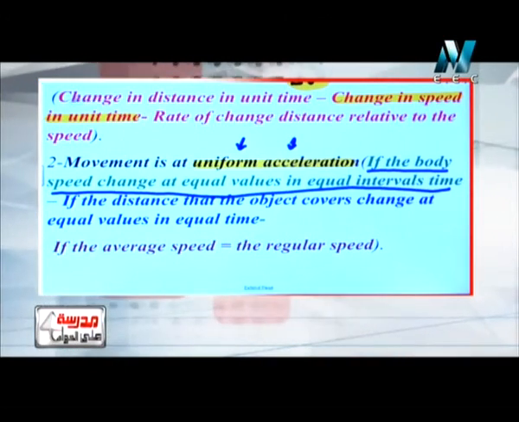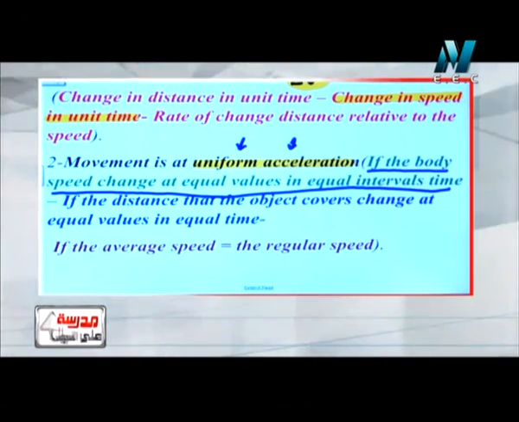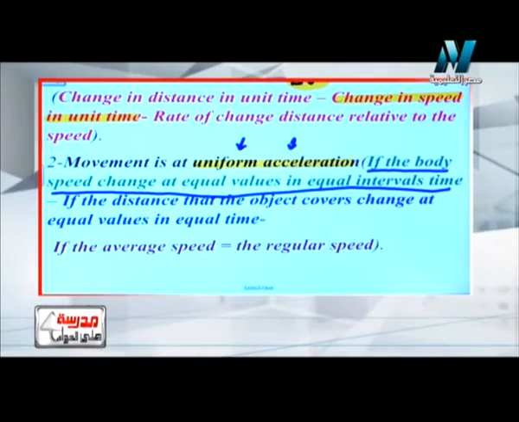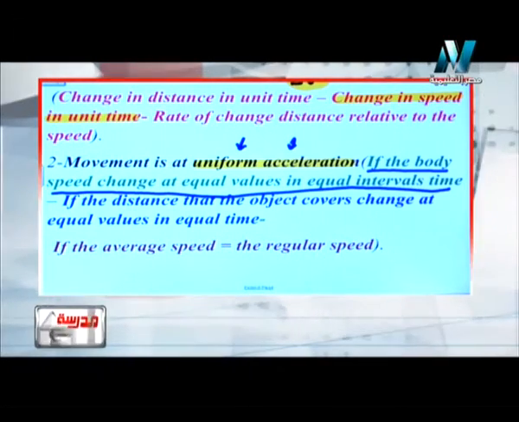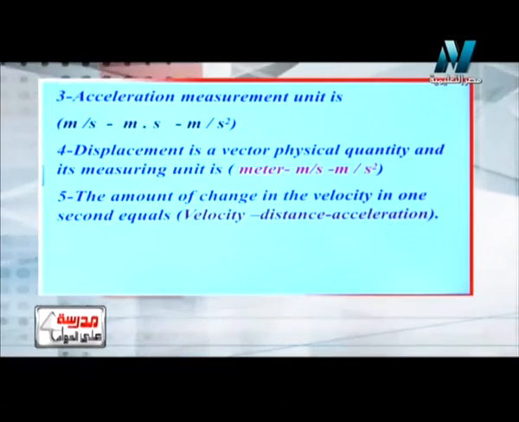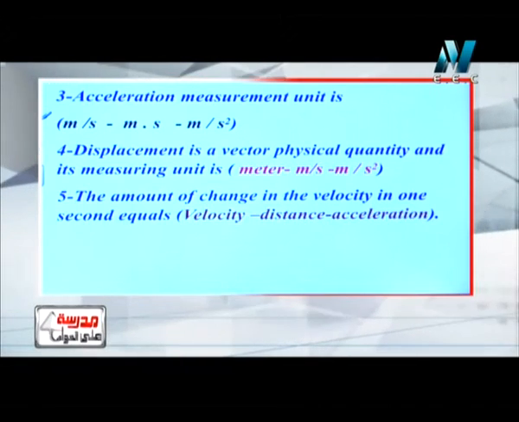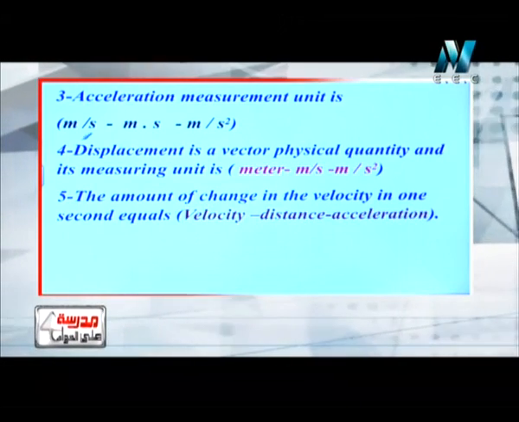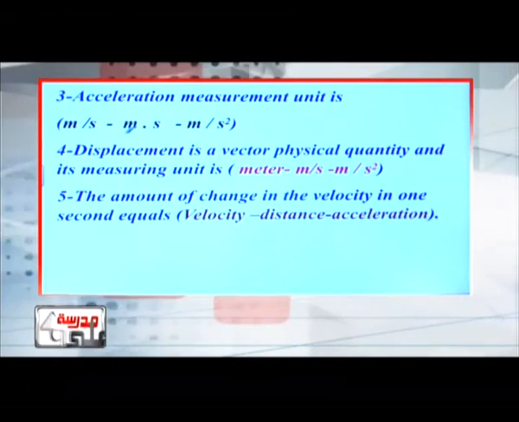So if we remember the mathematical rule and the definition, we can answer any question, whether choose, give reason, what happens, or the problem, at the same time. Here we have the third question: choose the acceleration measurement unit: meter per second, or meter dot second, or meter times second, or meter per second power 2.